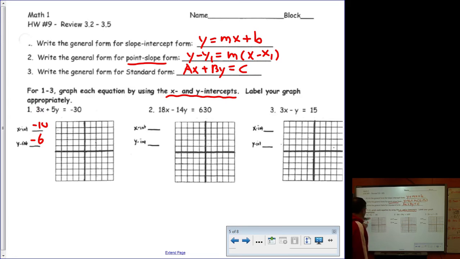So to go ahead and graph this, first I'm going to need to scale my graph appropriately. And since the x's need to go to 10, I'm going to go by 2's. 2, 4, 6, 8, 10. And in the negative direction, negative 2, negative 4, negative 6, negative 8, negative 10. I'll do the same thing on the y-axis.